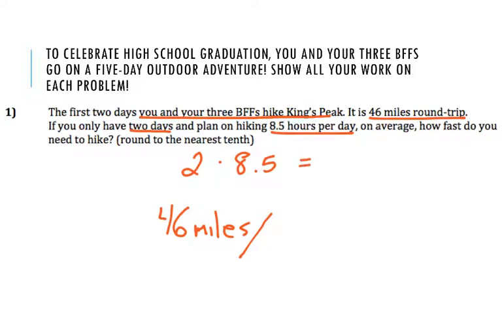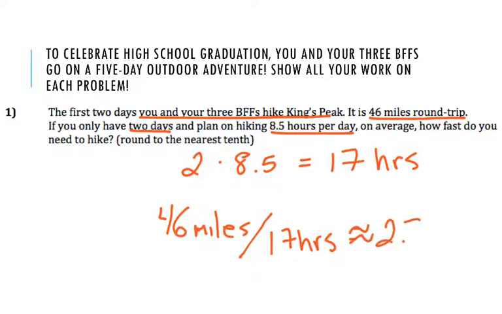That would give us a total of 17 hours. Now we can take the 46 miles and divide it by 17 hours, which results in about 2.7 miles per hour. So on average, you would have to hike 2.7 miles every hour to complete this hike in the 2 days.